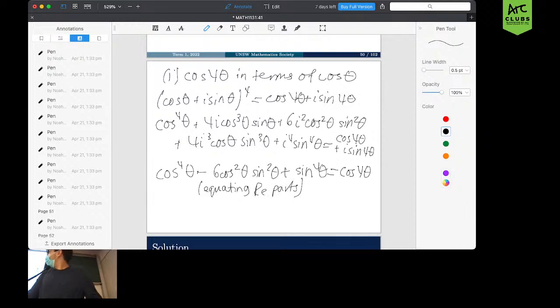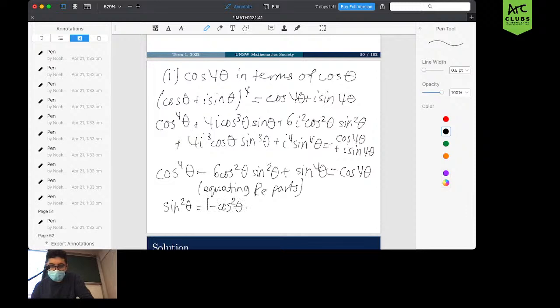Cool. Now the question asks us to find cos 4 theta in terms of cos theta, or as a polynomial in terms of cos theta, which means we don't want any sine thetas in our final solution. Note that all the sine thetas we have in our left-hand side are even powers, so it's quite easy to convert them into cos theta. We can use the Pythagorean identity: sine squared theta is equal to 1 minus cos squared theta.